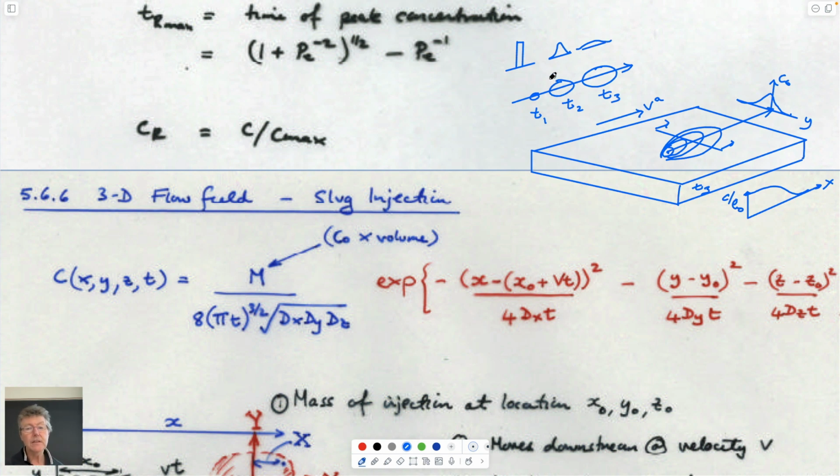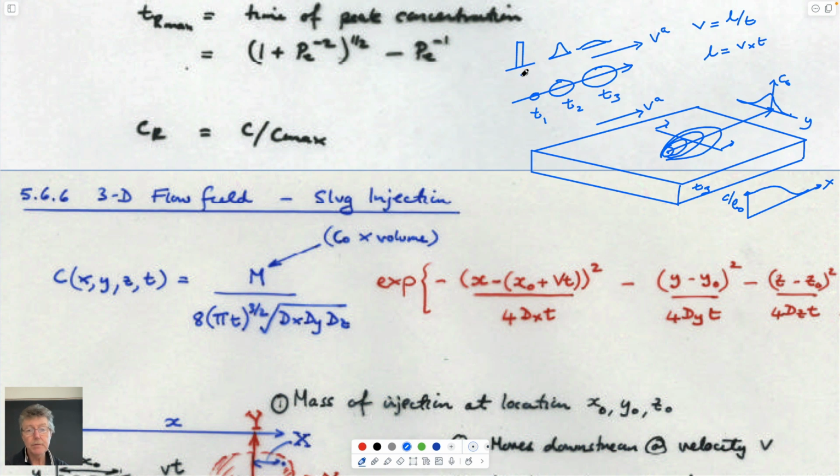All that's different is that it's being carried down at some kind of velocity, and this velocity is the advective velocity. If we know that the velocity is equal to length over time, then length is equal to velocity times time.